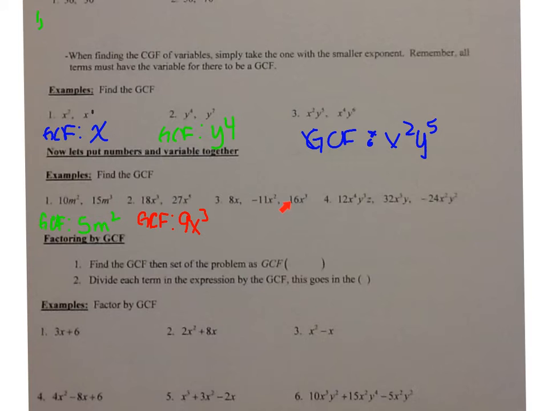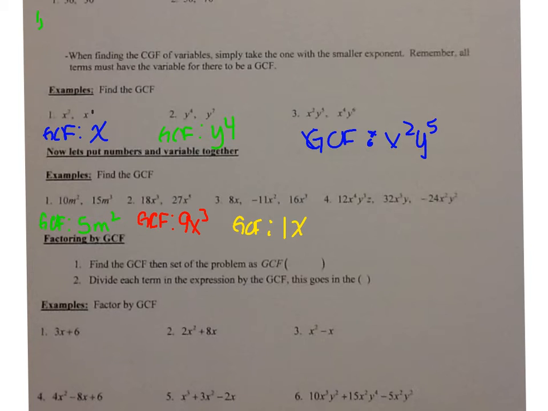So 11 does not divide into 8 and 16. So really your GCF is 1. But we don't need to actually put down the 1 if we don't want to, but we can if we want to. So the GCF is 1. And then I have an x to the first, an x squared, and an x to the third. So my GCF would be x.